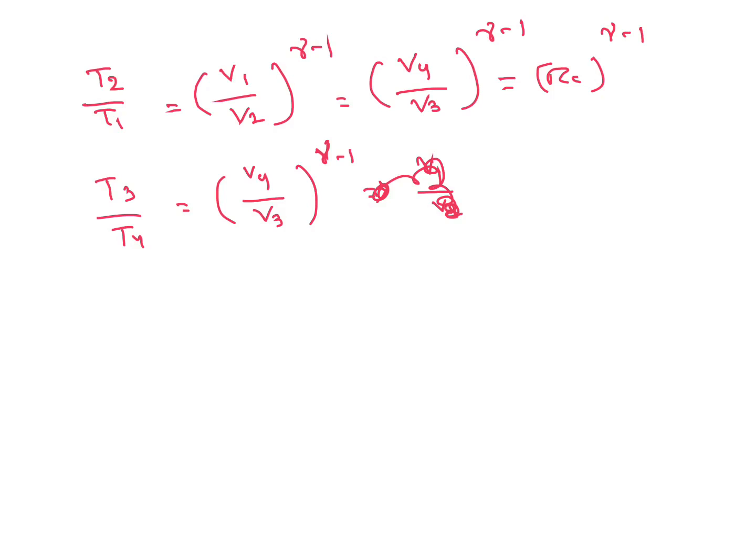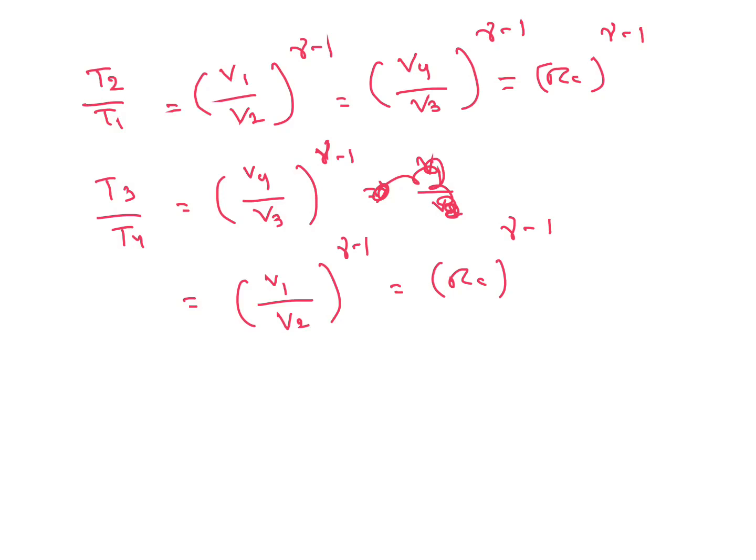Like this, T3 by T4, in process 3 and 4, you can write as (V4 by V3) whole to the power gamma minus 1, and V4 by V3 is V1 by V2, or RC, the compression ratio, whole to the power gamma minus 1.